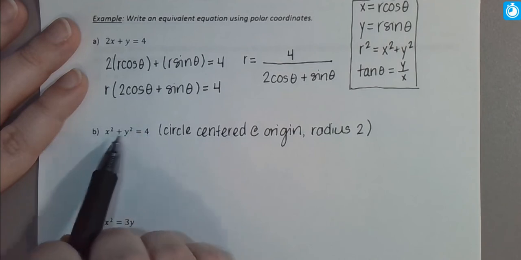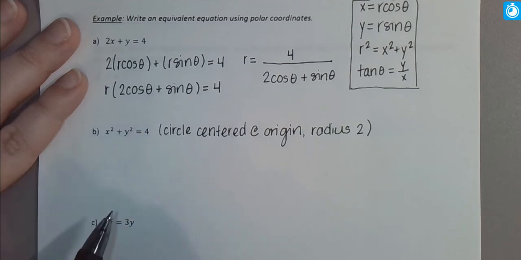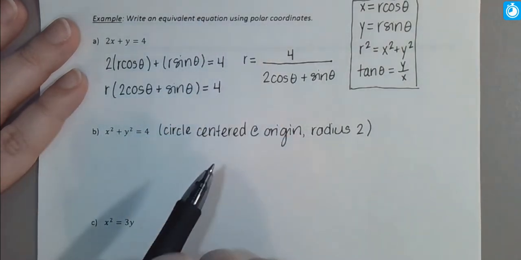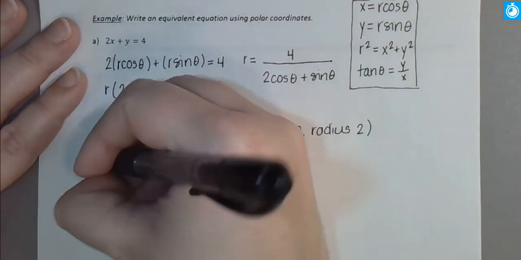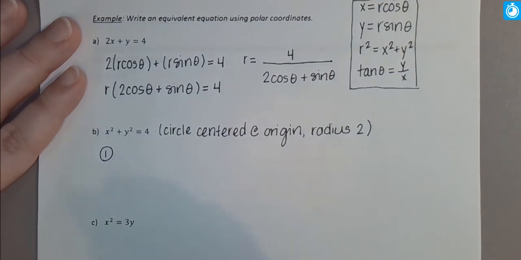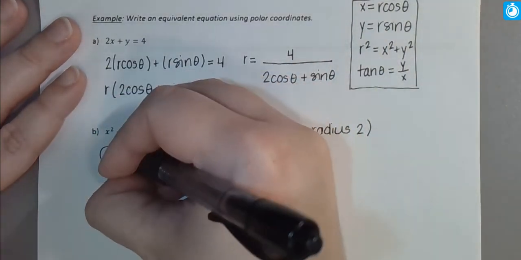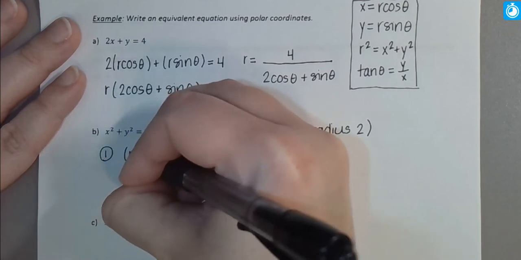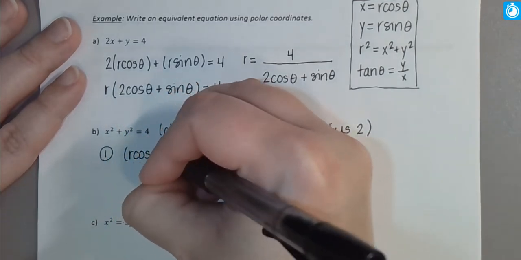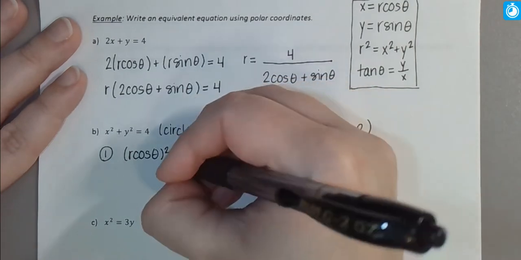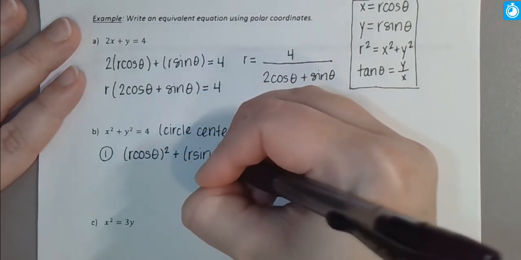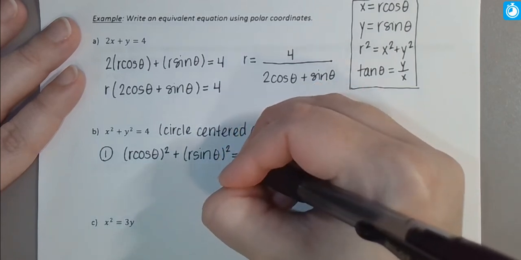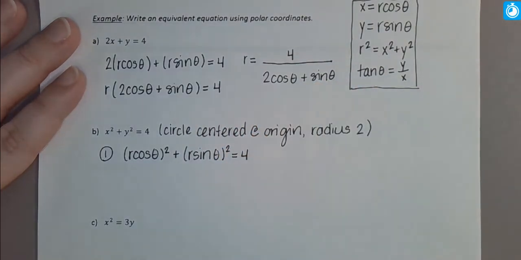I want to show you two different ways you could convert this particular equation to polar coordinates. We could do exactly what we did here. That's option 1: we can directly substitute for x and y. So that would be r cosine theta squared plus r sine theta squared is equal to 4.